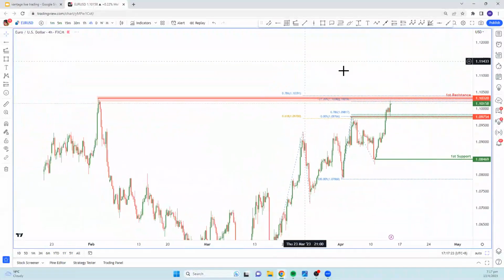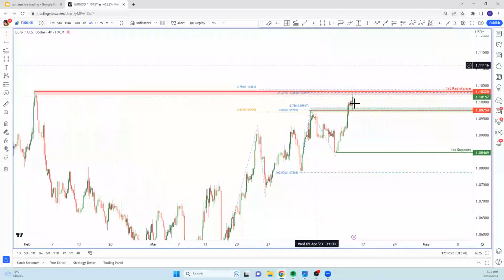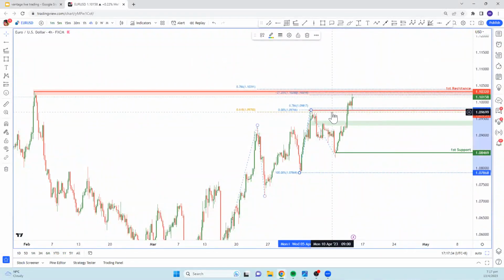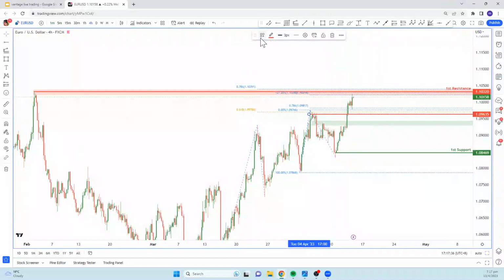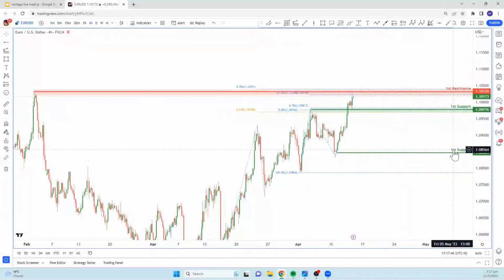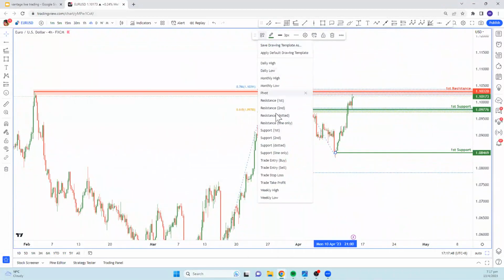So for our stop loss level, if we're going in for a sell from this level towards this support level here, let me just label this level so that it's easier for me to reference. Then in that case, this would be our second support.